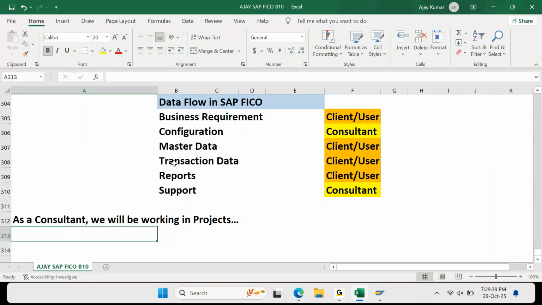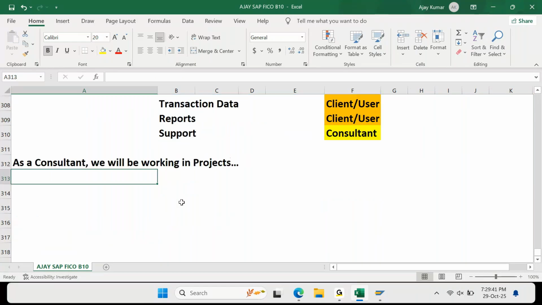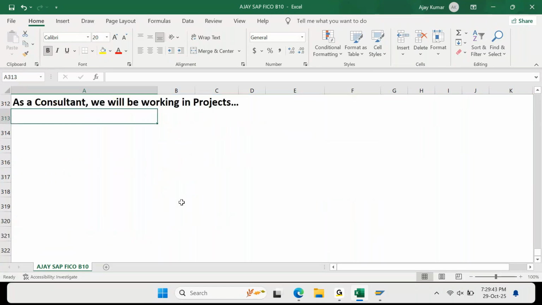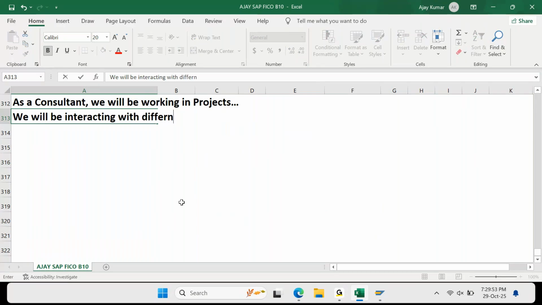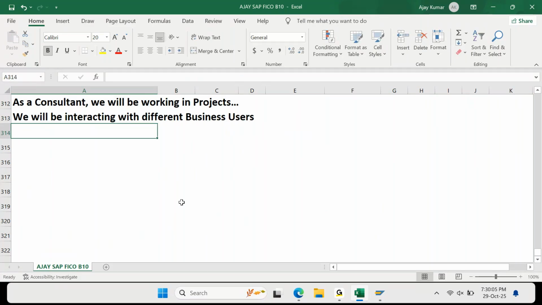Now, when we know that we are working in a project, you need to understand we will be interacting with different business users, right? Now, we also need to understand who these different business users are that we will be interacting with.